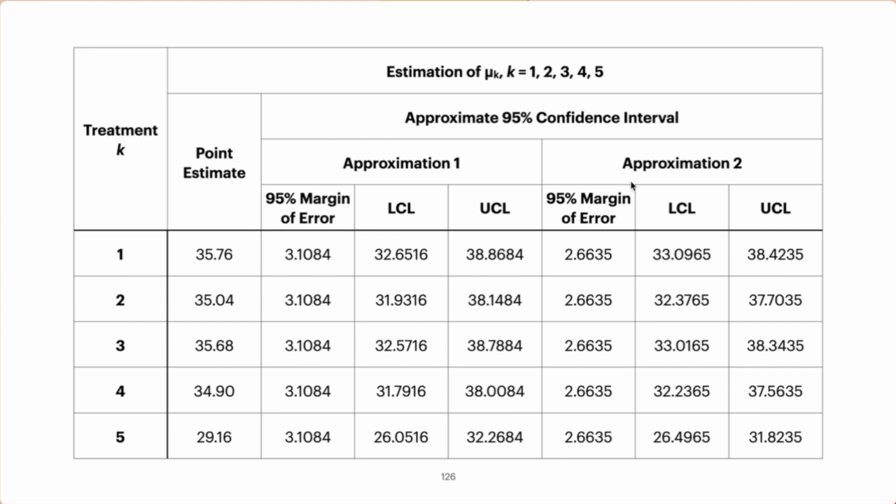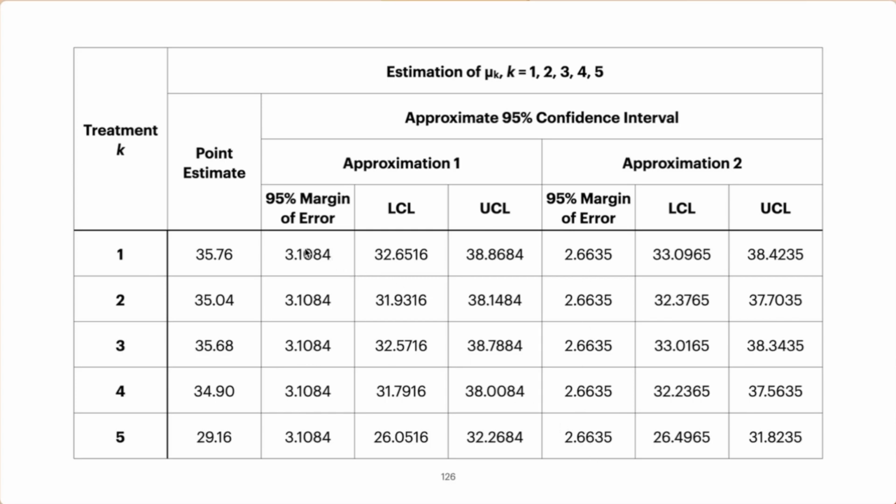For approximation method 2, which is Satterthwaite's approximation, rounded to 4 decimal places, we see that the approximate 95% margin of error associated with each of these point estimates is 2.6635. So it's somewhat smaller than the margin of error obtained using approximation 1, and so these intervals are going to be a bit more precise. All right, so from that standpoint, these would be better intervals.